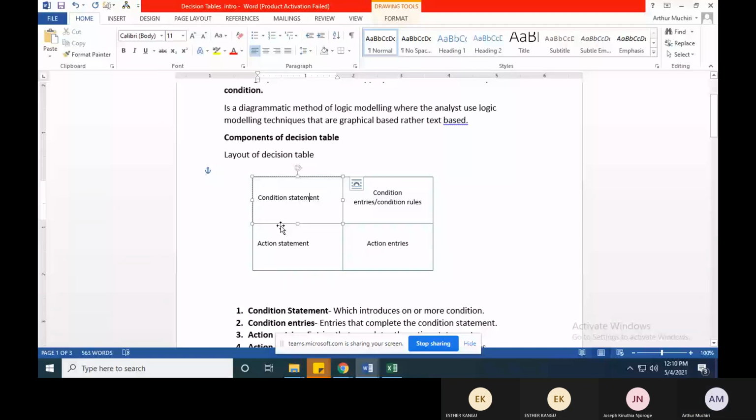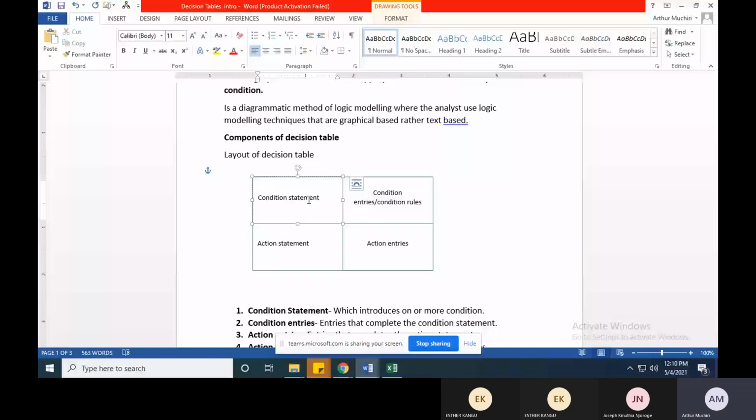To power 2. If you have 2 conditions, you raise that to power 2. How many condition entries are you going to have? You're going to have 4 condition entries.